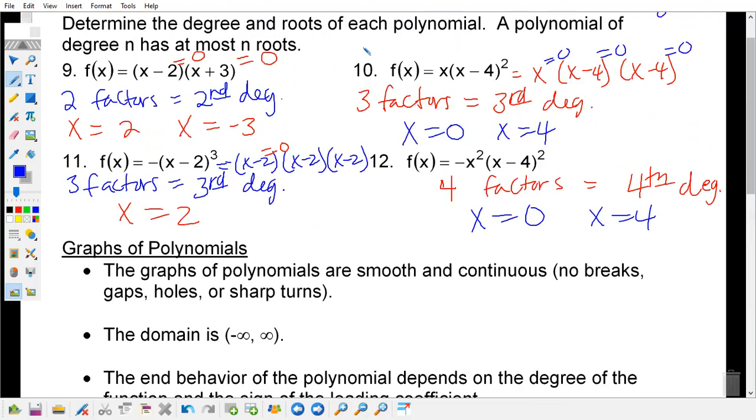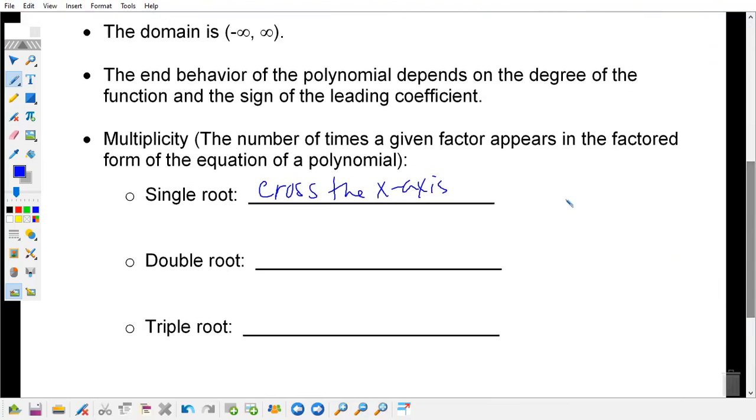These were single. Did they double? Were there triples? No. They're called single roots. So at negative 3 and positive 2, the graph is just going to go through them. It just crosses. So it crosses at single roots.